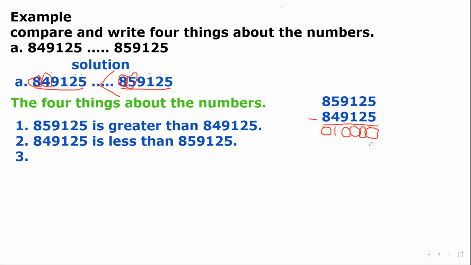Okay, so 1, 2, 3, which means that the difference is 10,000. The difference is 10,000. So now let's see how to feature this 10,000 into our statement.